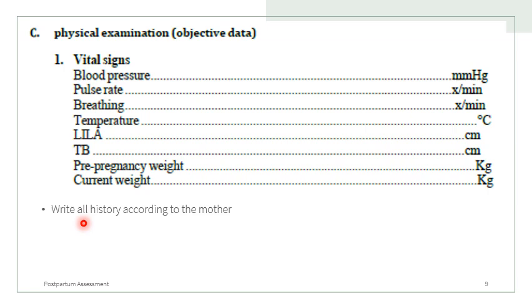So we will know what's the current physiological data of the patient, as well as we mention if the patient is having pain. So we also mention the pain and what we do about the pain assessment inside this physical examination section.